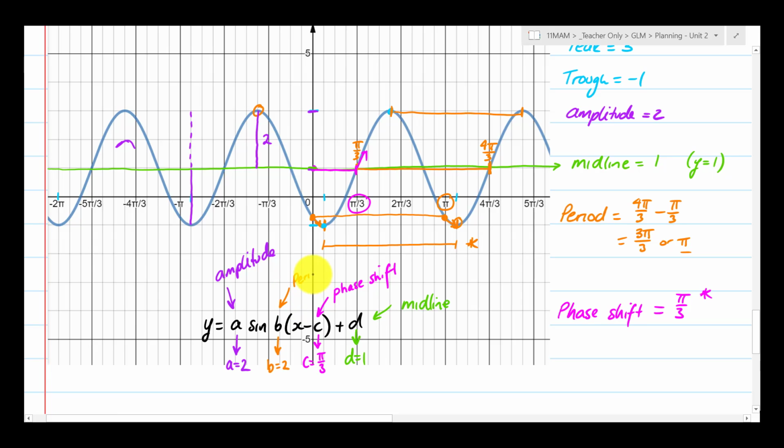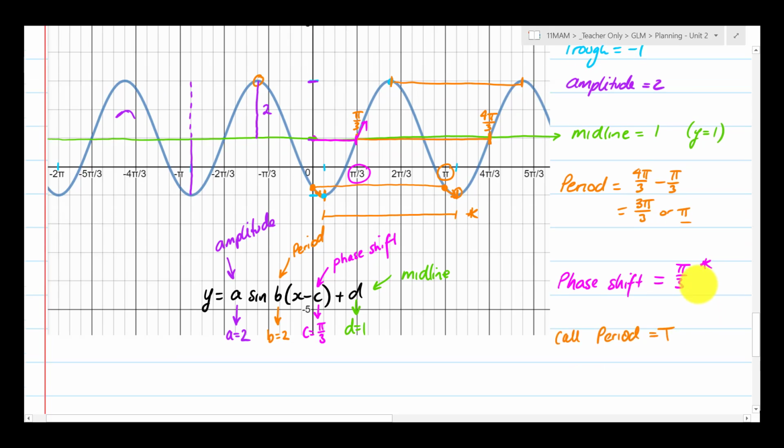But it's not really our period, because our period was actually pi. So I'm going to show you now a very specific relationship between B and our period. And for this, I'm going to call our period T. And don't ask me why. It's just what it is. We'll talk more about it in class.